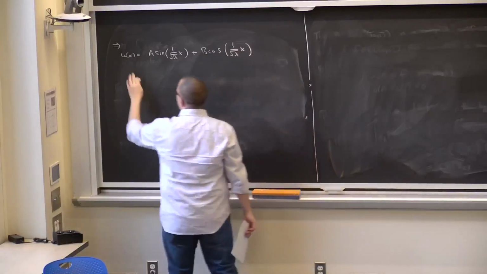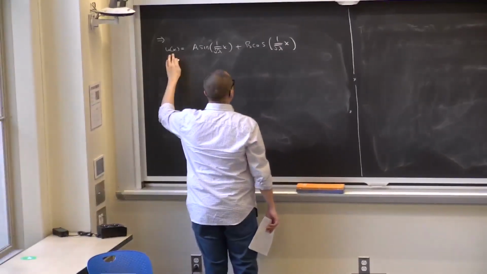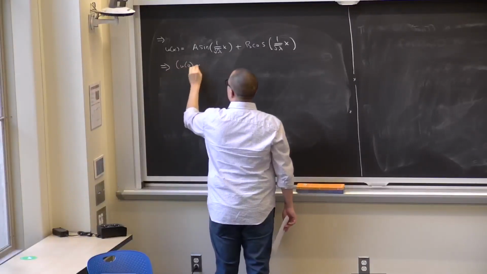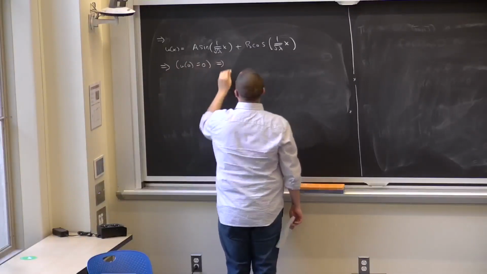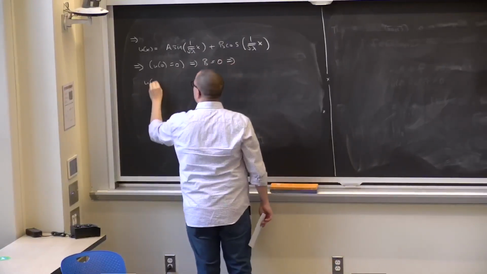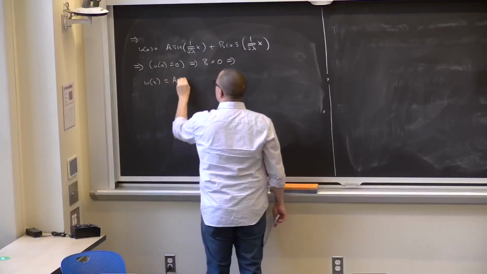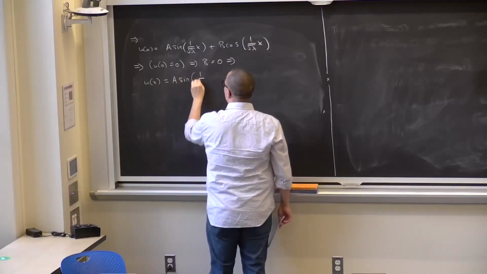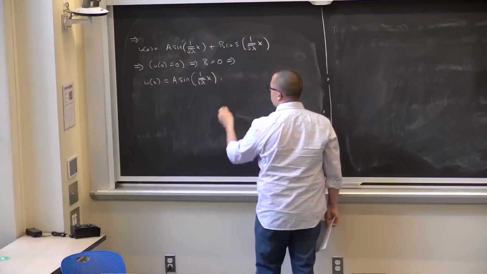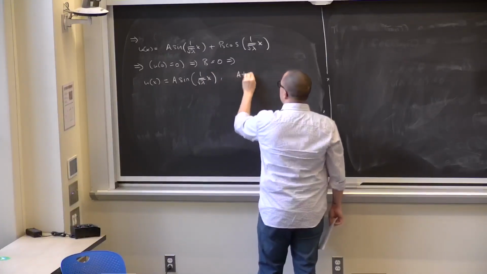And since u of 0 has to give me 0, that tells me that b equals 0, which tells me u of x equals a times sine of 1 over square root of lambda times x. And since u has unit length, a is not equal to 0.